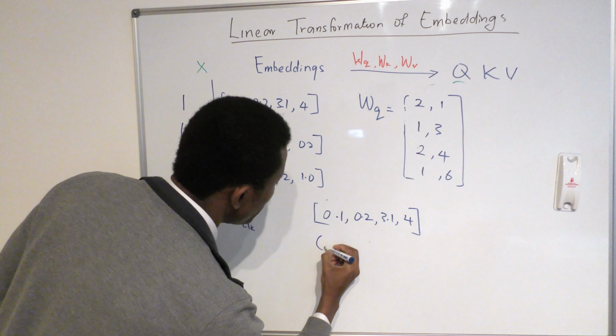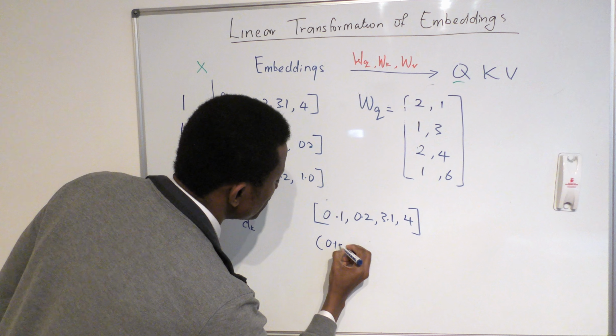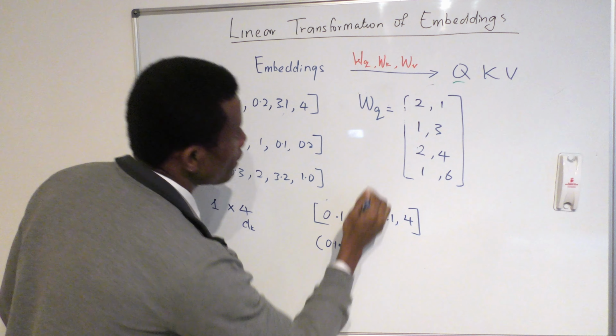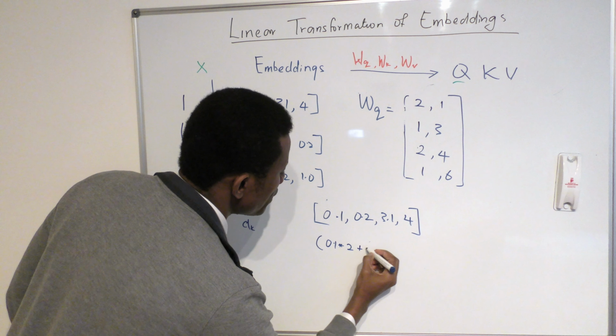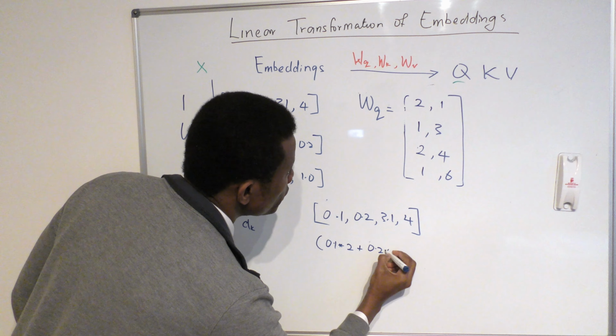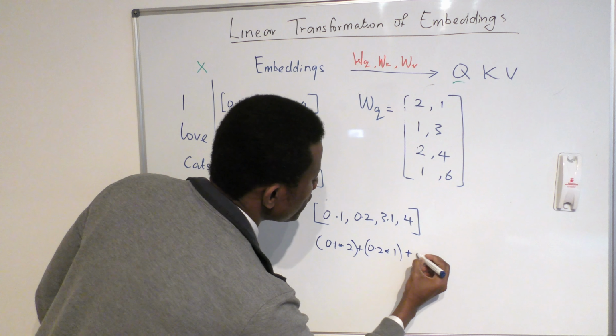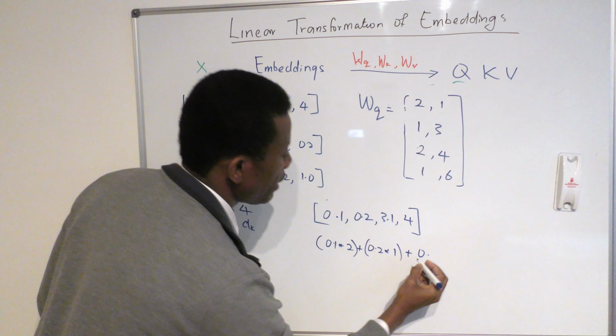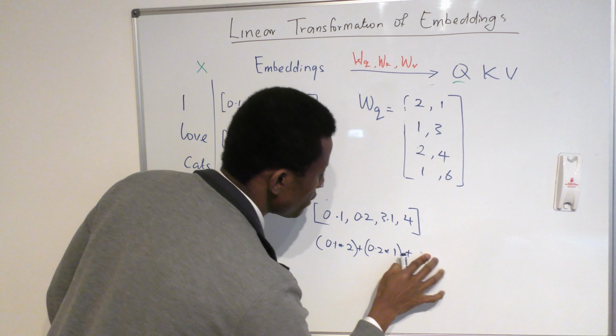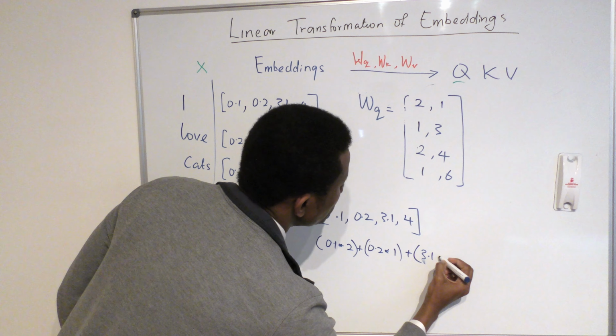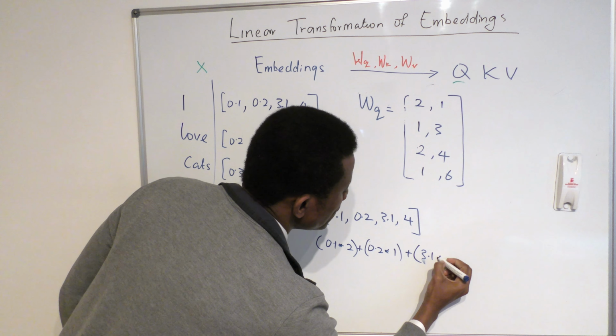So we have 0.1 times 2 plus 0.2 times 1 plus 3.1 times 2 plus 4 times 1.